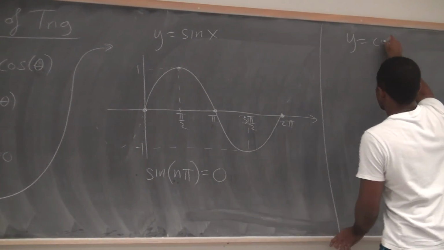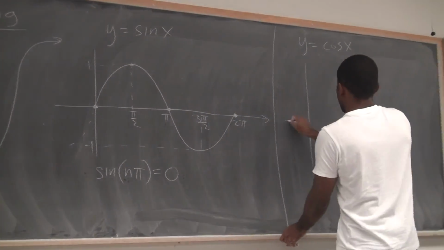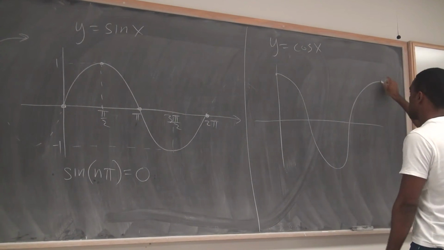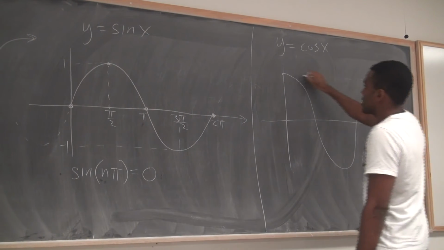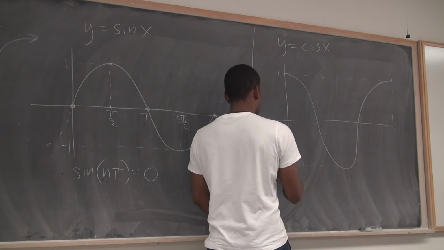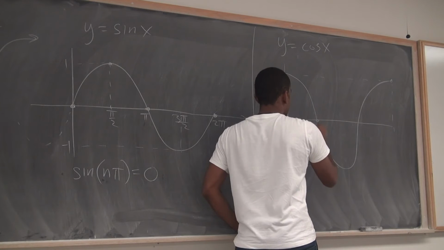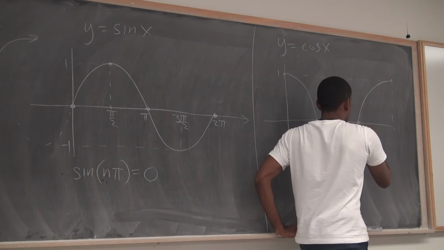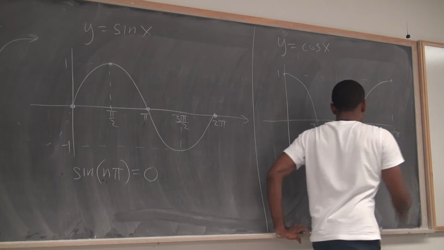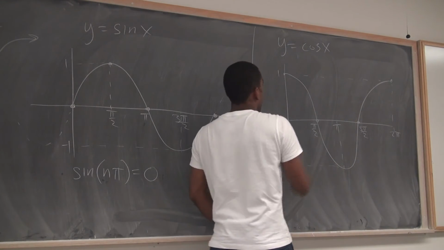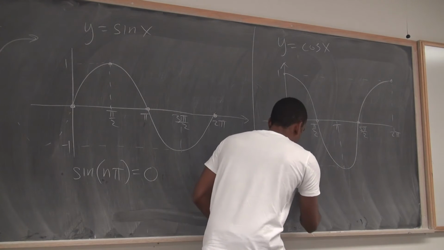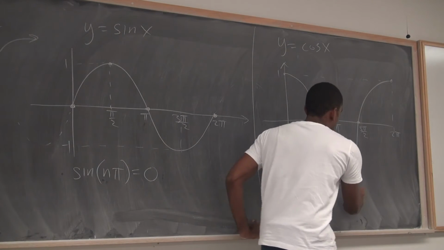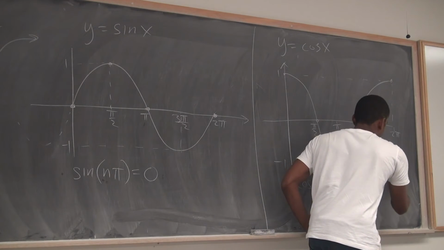The function y equals cosine. It starts at the peak. It's up here. Again, maximum is 1, minimum is -1. Hits 0 at pi over 2. It's the minimum at pi. Hits 0 again at 3 pi over 2. And hits the maximum at 2 pi. And now we know that cosine of n pi over 2 gives us 0, where n is an odd integer.